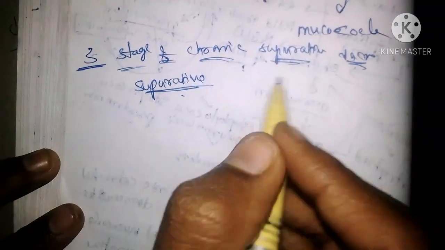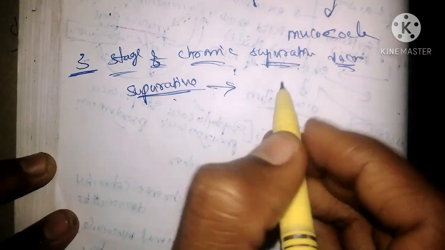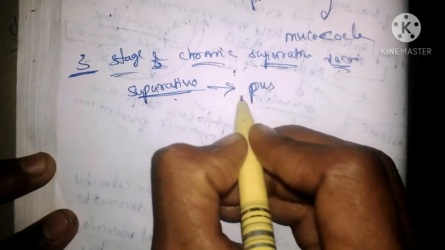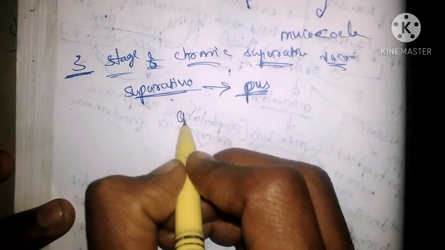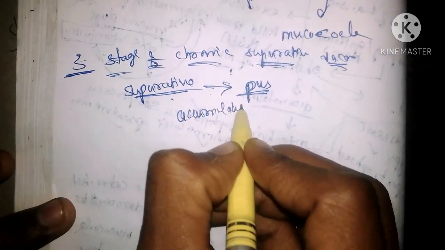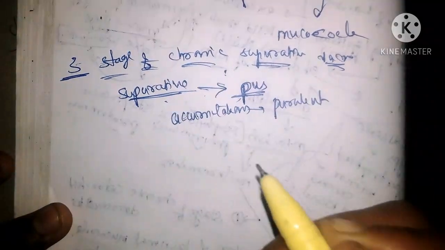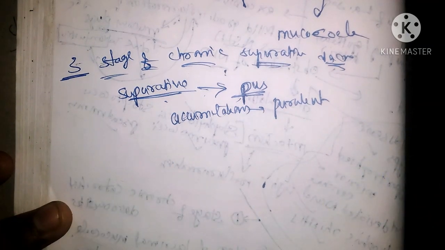Due to this, the accumulation will convert to pus, or we can say the accumulation becomes purulent. Clear? So in the stage of chronic suppurative dacryocystitis, as time passes, as the severity increases, the accumulations become purulent.